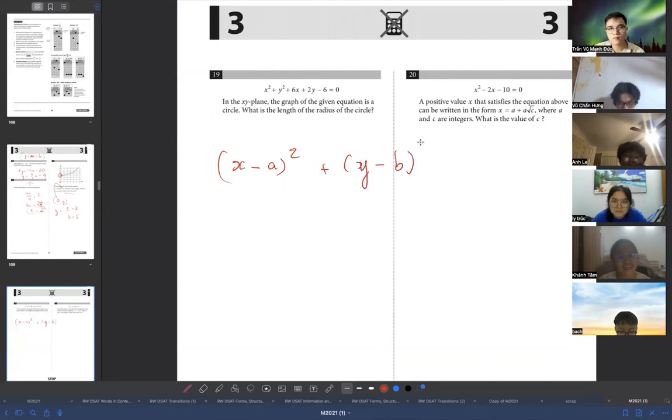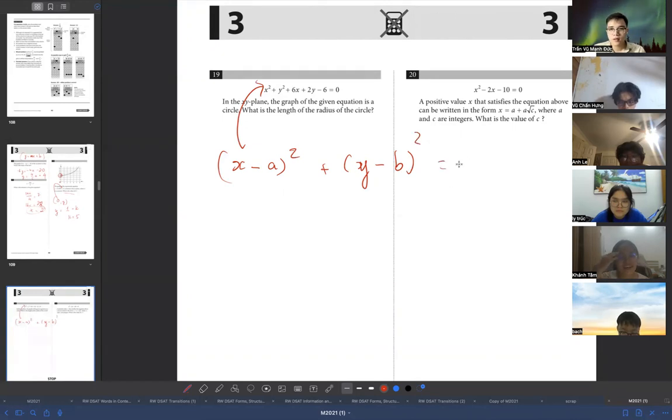Oh, you're getting mistaken with the extracted one. Yeah, this one is only a, not 2a.